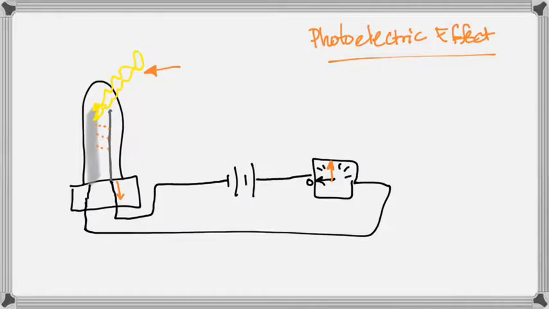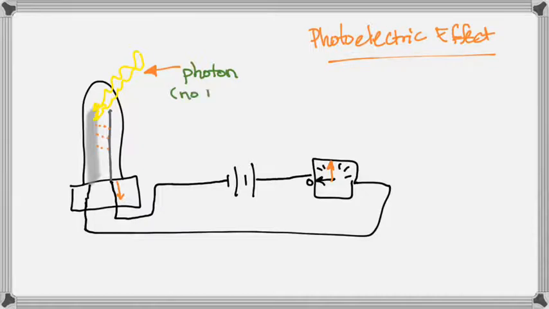Well, light's not considered matter. Light does not have mass. But what light does have is a photon, and we'll give you the definition of a photon. It is a particle of electromagnetic radiation that has zero mass, but it carries a quantum of energy.